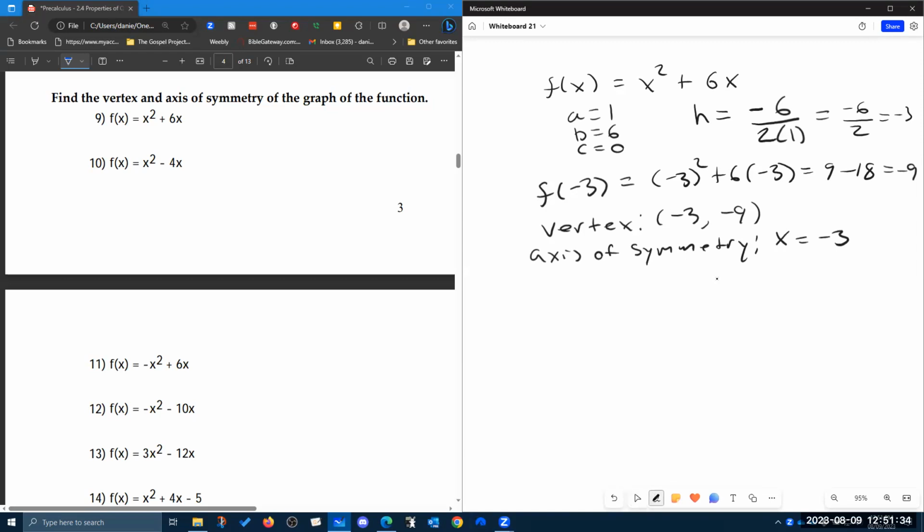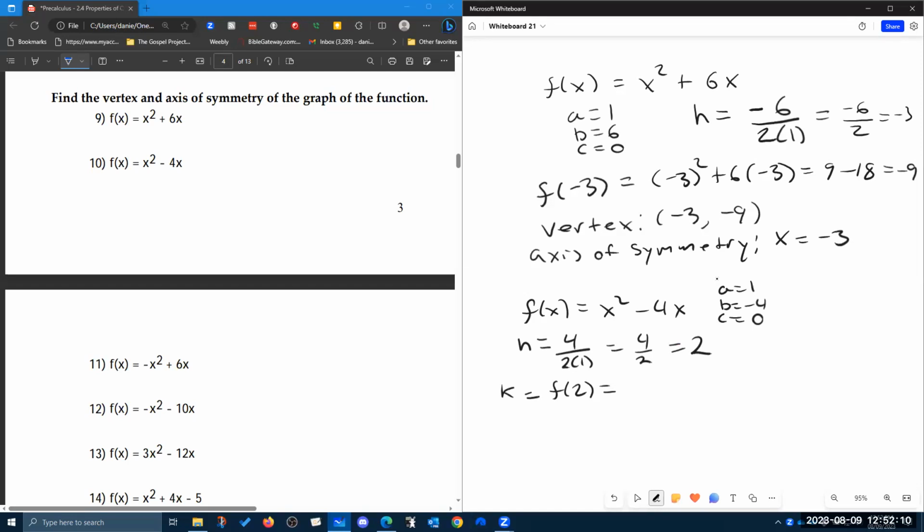Let's try number 10 here. f of x is equal to x squared minus 4x. a is equal to 1, b is equal to negative 4, and c is equal to 0. So the x coordinate of my vertex is the negative of a negative, which is a positive 2. And my y coordinate of my vertex is going to be f of h.